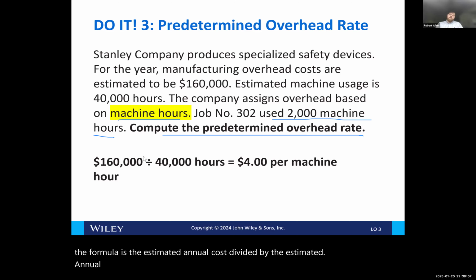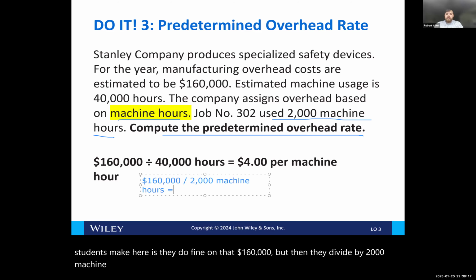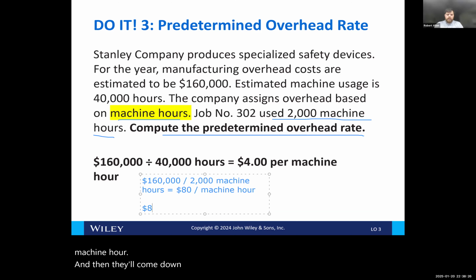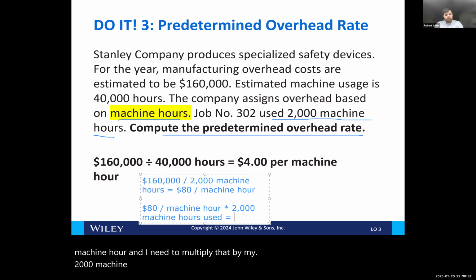So in this case, you have to be really careful. A common mistake I see students make here is they do fine on that $160,000, but then they divide by 2,000 machine hours. And in this case, yeah, I think you would get something like $80 per machine hour. And then they'll say, okay, well, I need to take my $80 per machine hour and multiply that by my 2,000 machine hours used, and I get $160,000.